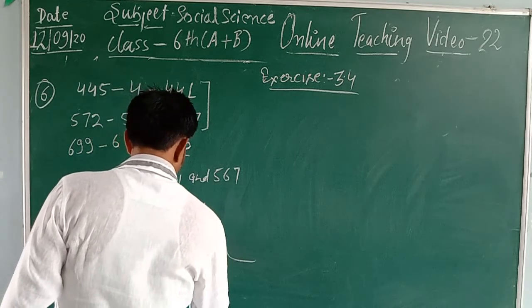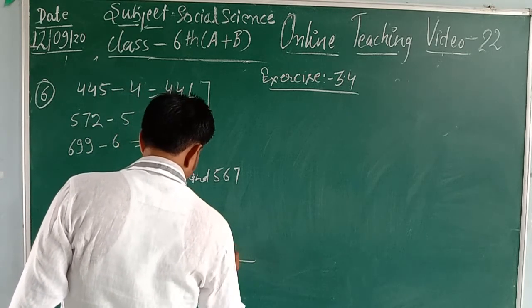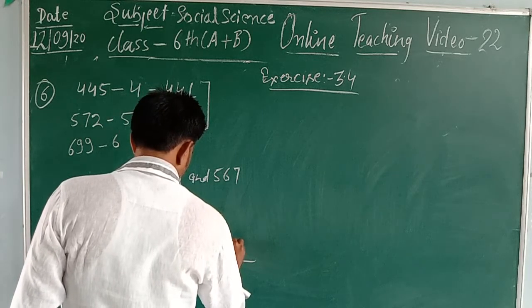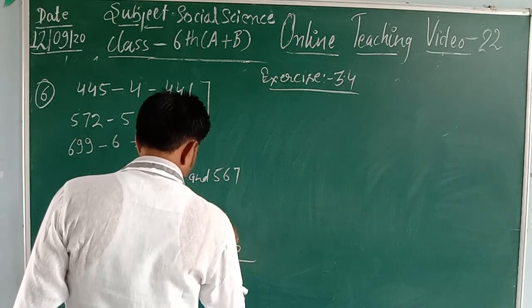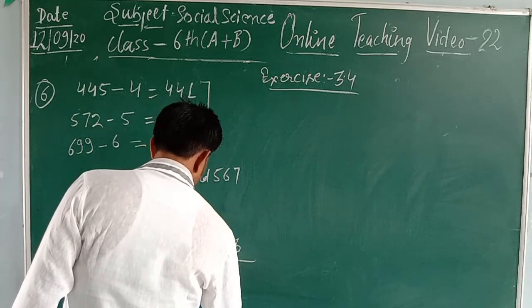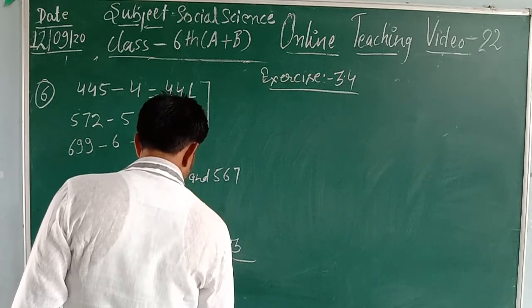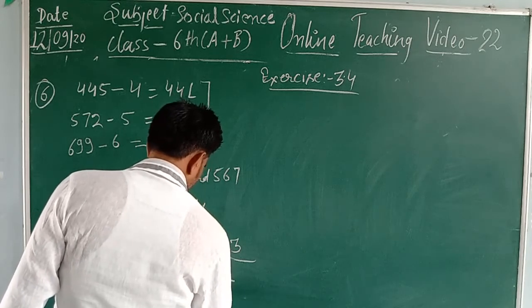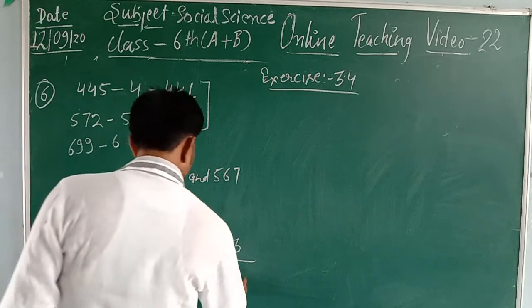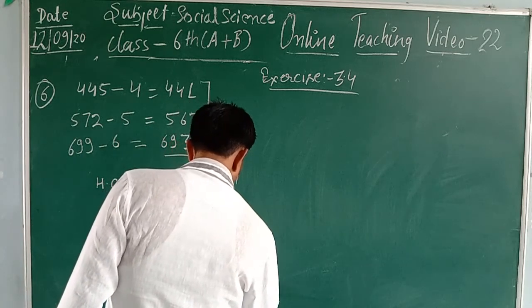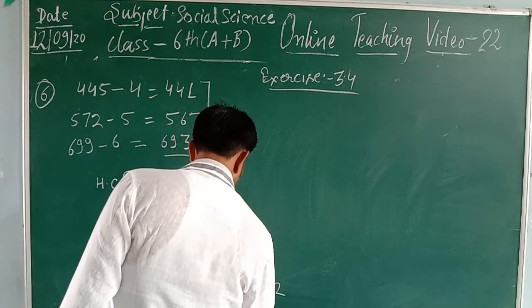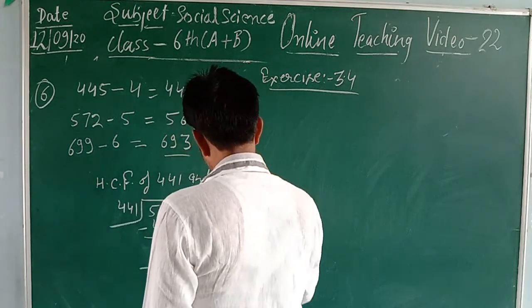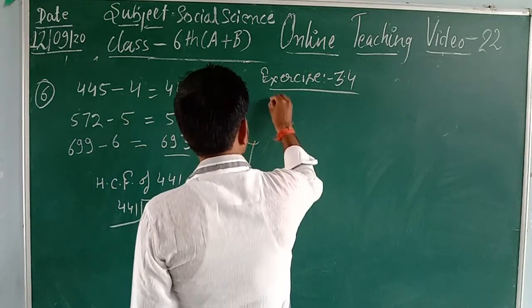Now 126 becomes the divisor and 441 the dividend. 126 times 3 is 378, remainder 63. Then 63 divides 126 exactly.